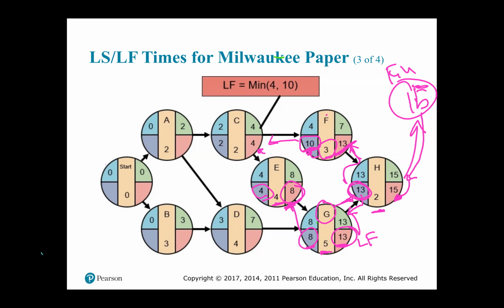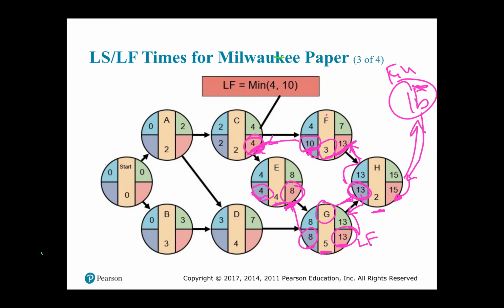The late start from E is 4. So 10 and 4 are in competition to form the late finish for C. The rule says we have to take the smaller of the two, or the smallest of however many. So between 4 and 10, the smallest is 4. So the late finish for C becomes the minimum of 4 and not the 10.